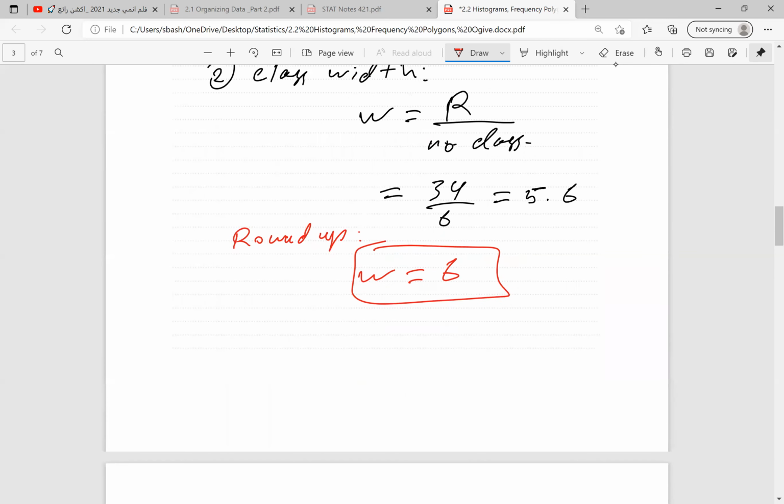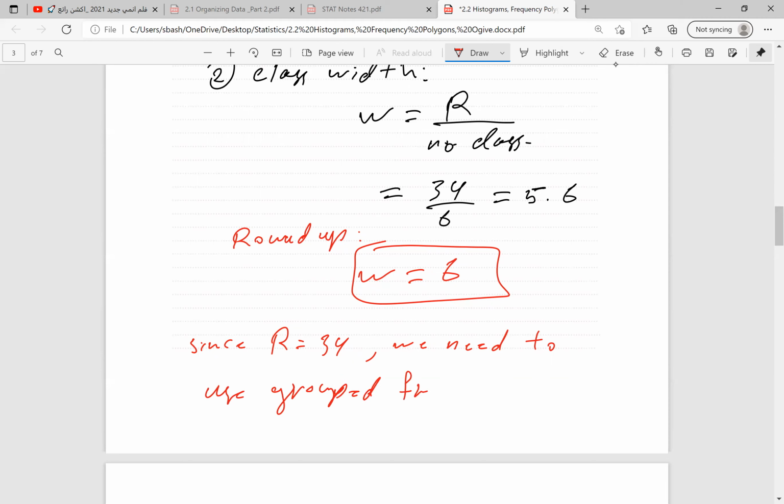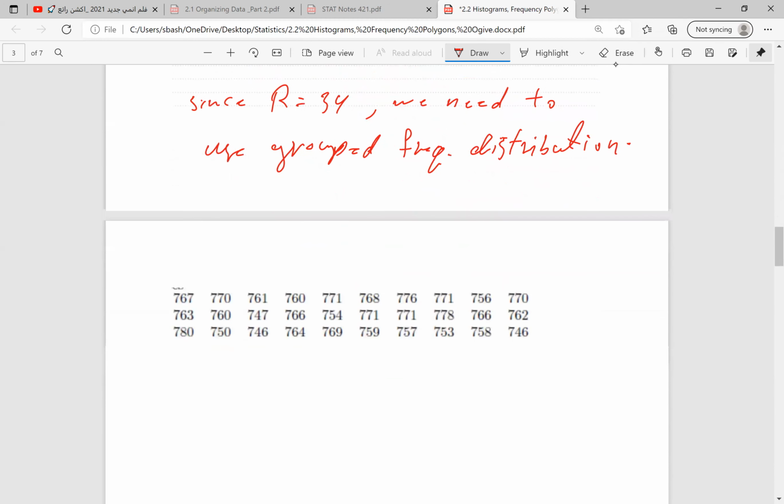Write it down: since r equals 34, which is large enough, use a grouped frequency distribution. So I have to construct the classes.